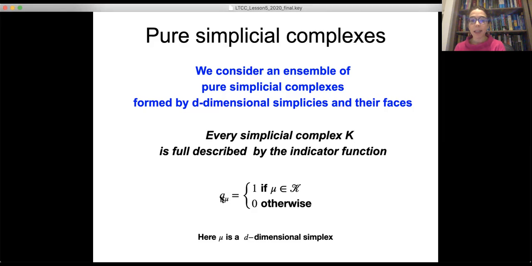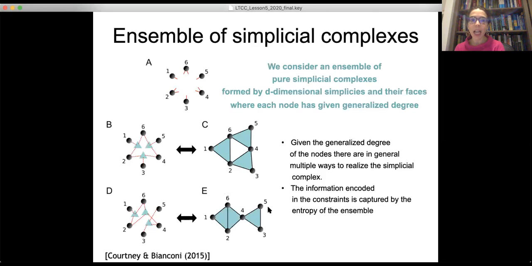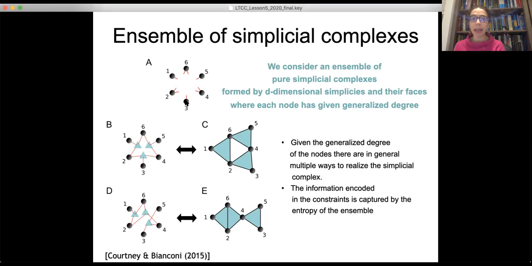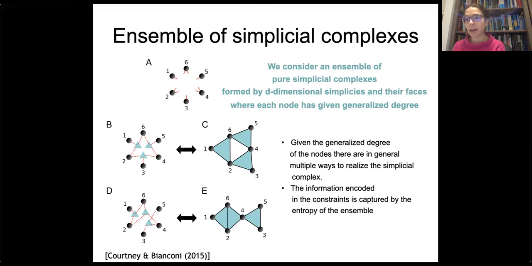And the tensor a_mu is 1 if the d-dimensional simplex is in the simplicial complex and 0 otherwise. So we consider as constraint the generalized degree of the node. So we place some stubs on the node indicating how many of these simplices, for instance, how many triangles we want the node to belong to.